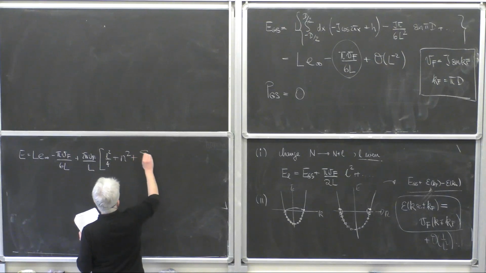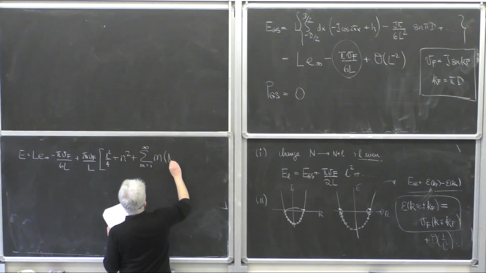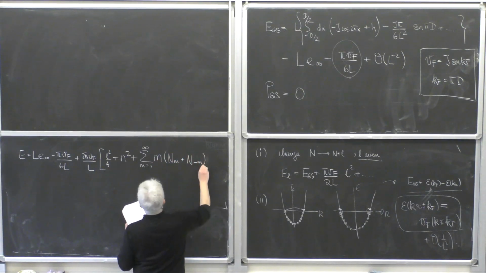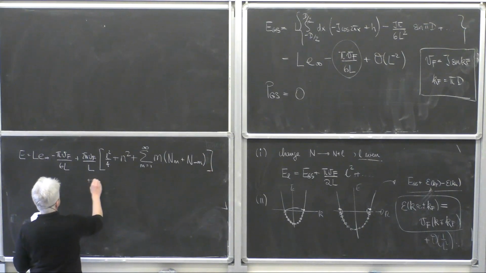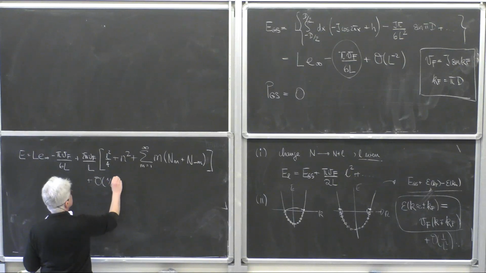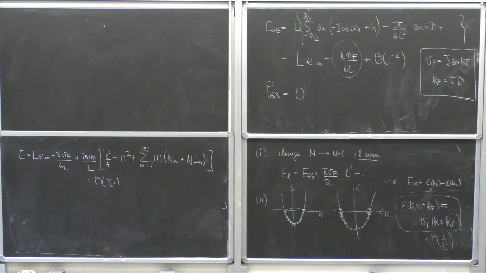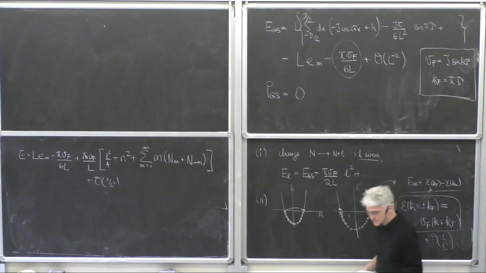So n_m and n_minus m are also integers, and they basically tell you how many particle-hole excitations you have made around the right Fermi point and around the left Fermi point.